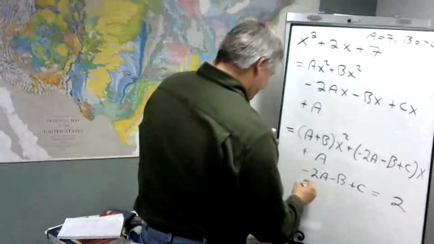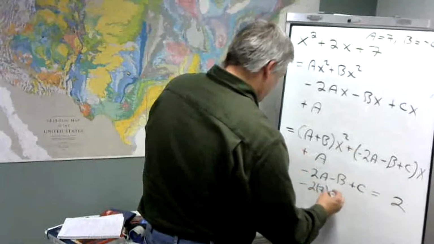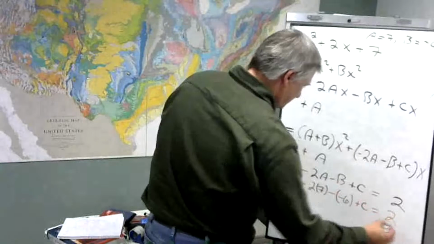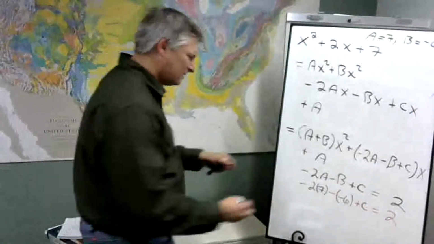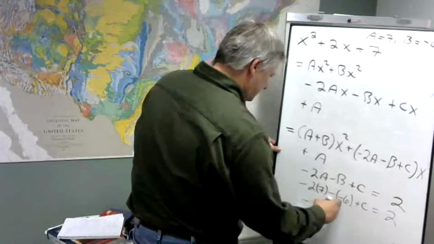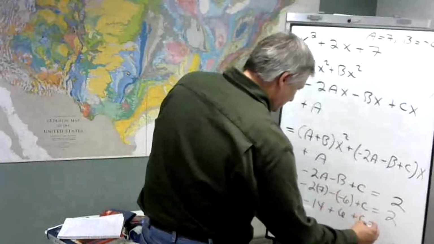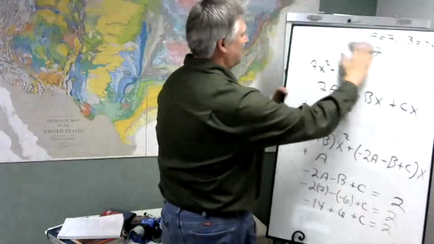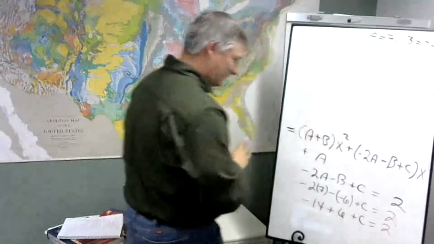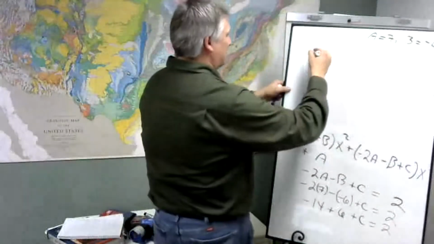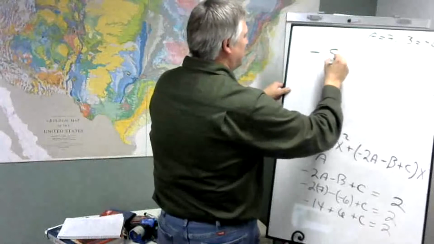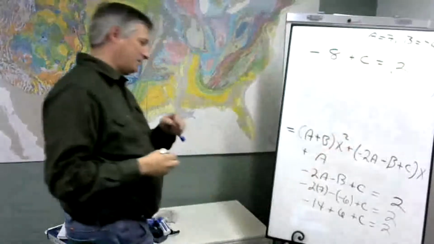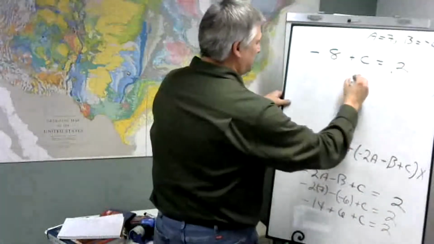Now we know a, and we know b. A is 7, B is negative 6. So negative 14, negative and negative is positive 6, plus C equals 2. Or negative 8 plus C equals 2. Or C equals 10.